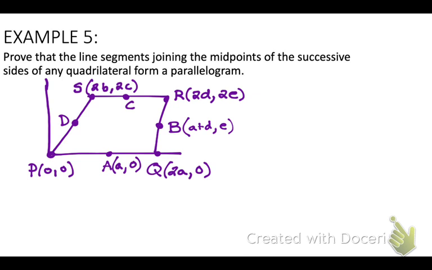My coordinates for C: 2b plus 2d cut in half would be b plus d, comma, c plus e. And then D is going to be at b, c.